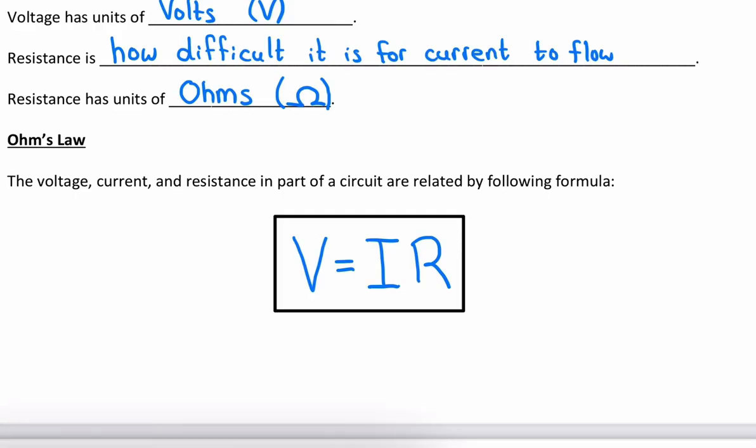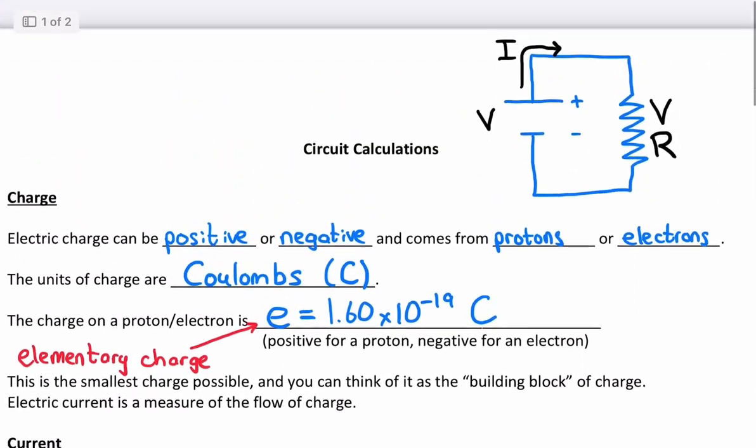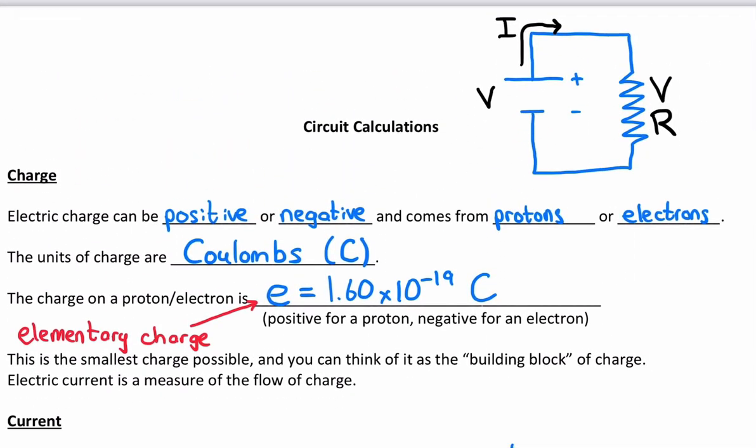Now, when you apply this formula, you can't just apply it to an entire circuit. You have to pick part of the circuit to apply it to. And it's going to have to be a part of the circuit that has a voltage, that has a current, and that has a resistance. So, what part of our circuit has a voltage and a current and a resistance?